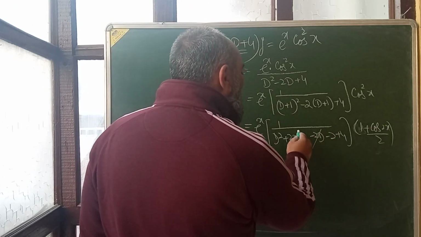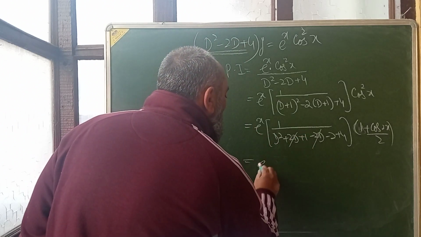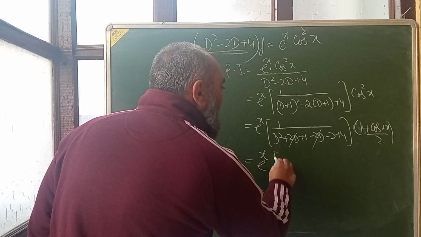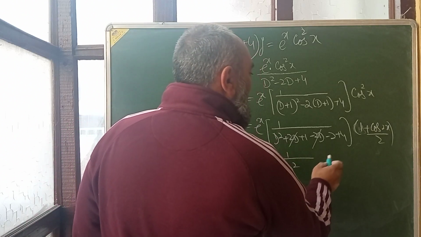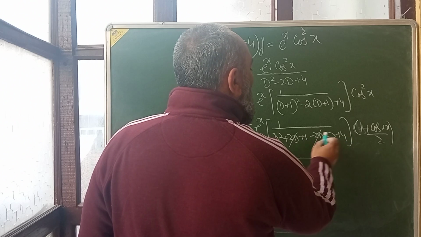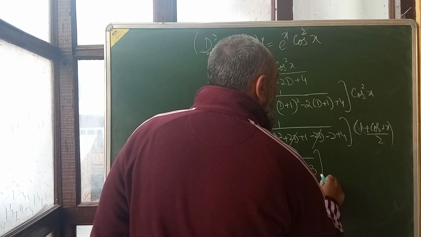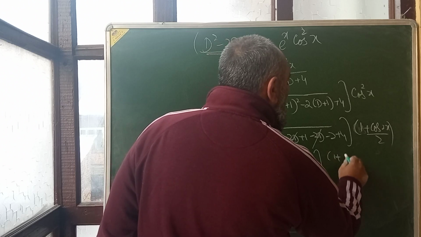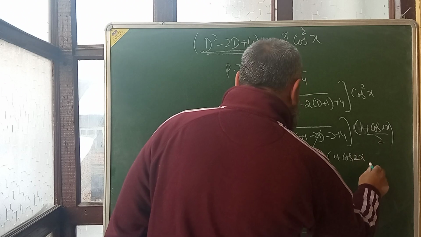So 2D and 2D go. What remains is e raised to the power x, 1 upon D squared plus 3 (5 minus 3 plus 3), operating on (1 plus cos 2x) by 2.